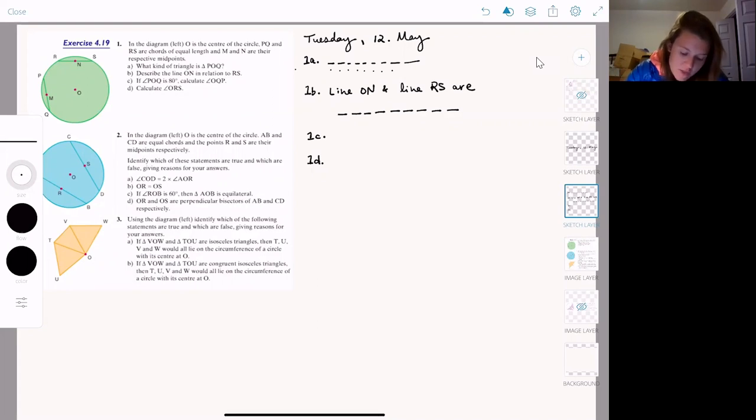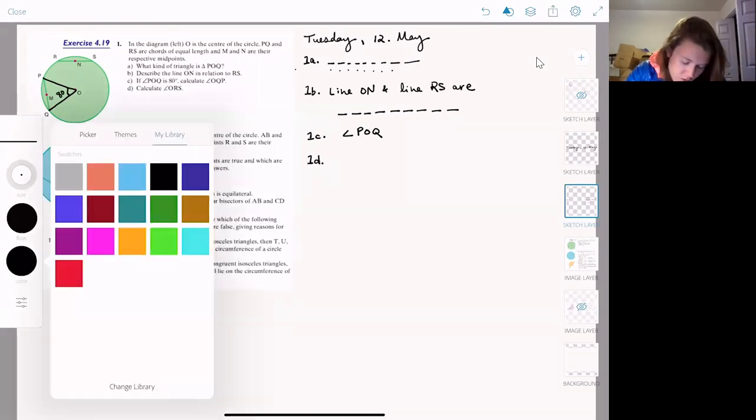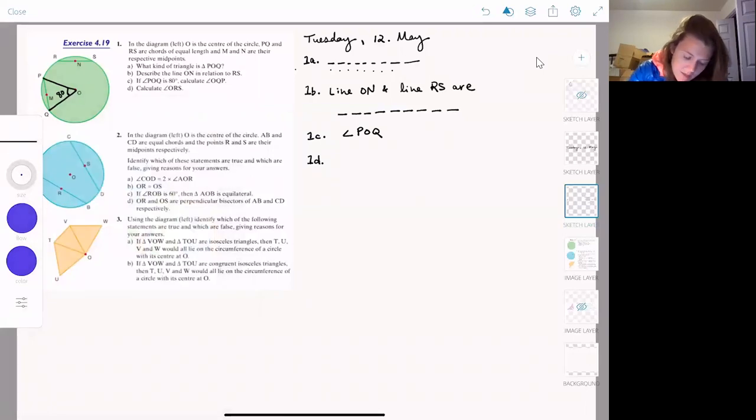For this next one, part C, angle POQ means that we start here at P, then go to O, then go to Q. So it says that this is 80. So then it asks, calculate angle OQP, starting at O first, then Q, then P. What is that angle?